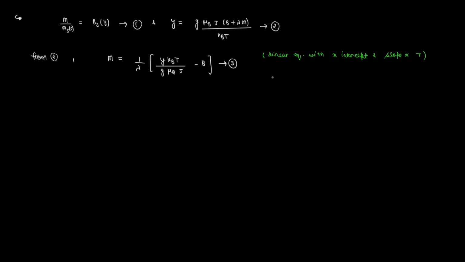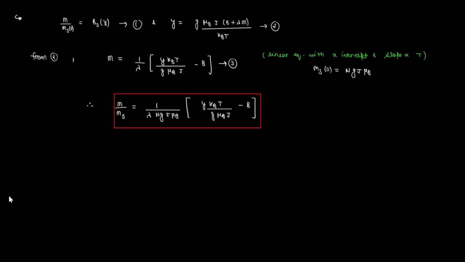Also, as the saturation magnetization is given by N g J mu_B, we will get the ratio of M and Ms as, and also we know that M by Ms is equal to the Brillouin function.